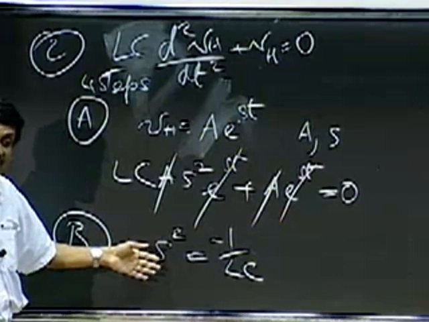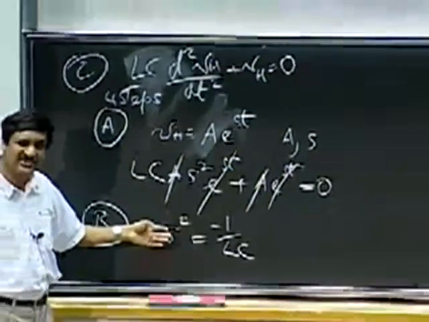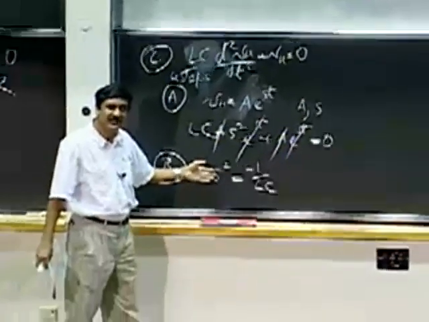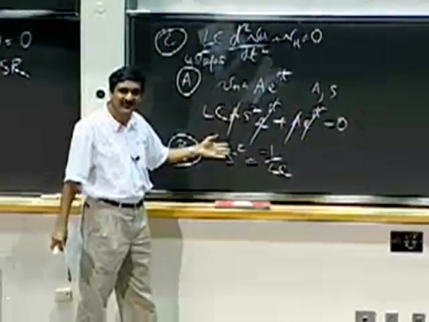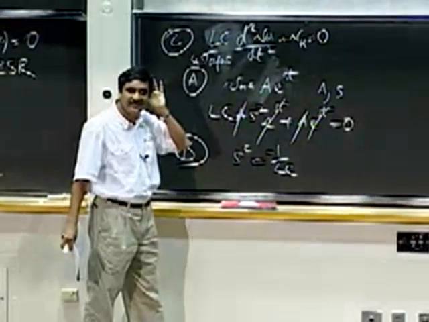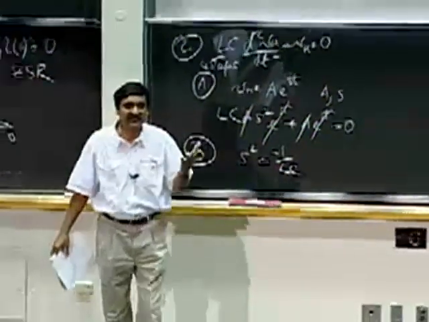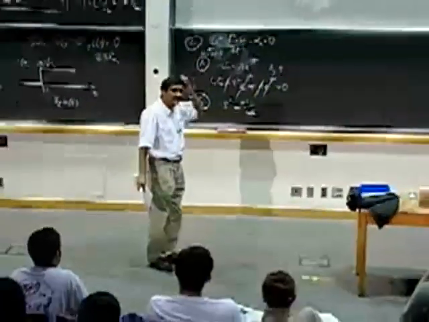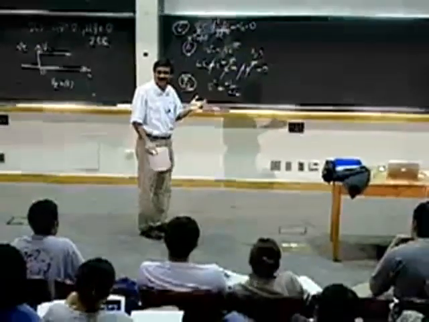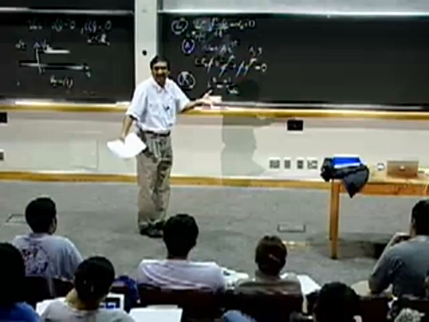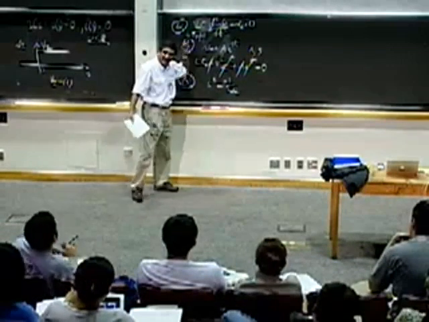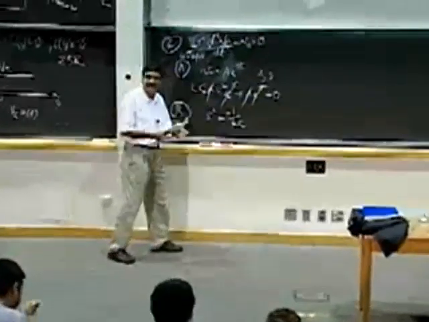What was s? For first order circuits, what did you get as a characteristic equation? s plus 1 divided by RC equals 0. Same thing. Just blindly apply the steps, and it'll lead you to the answer.